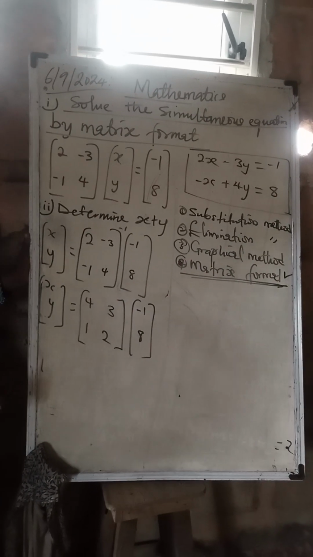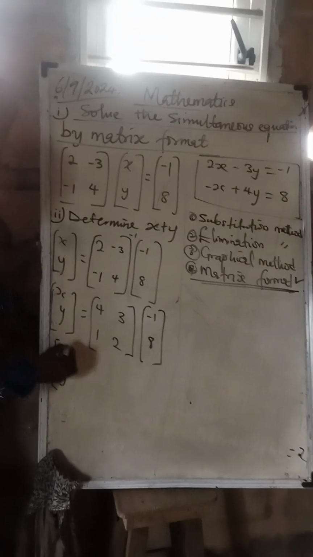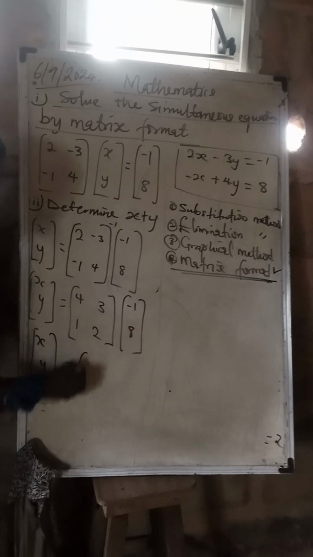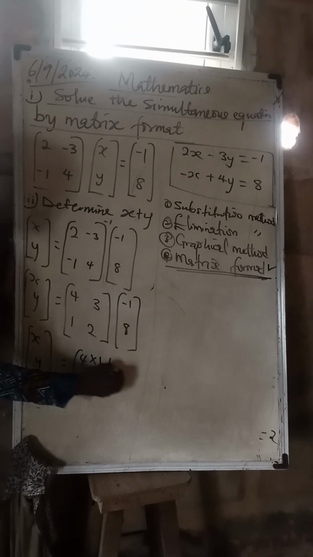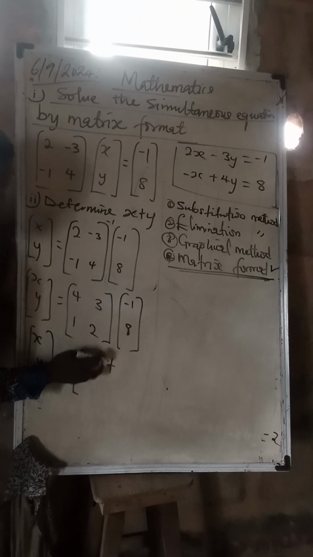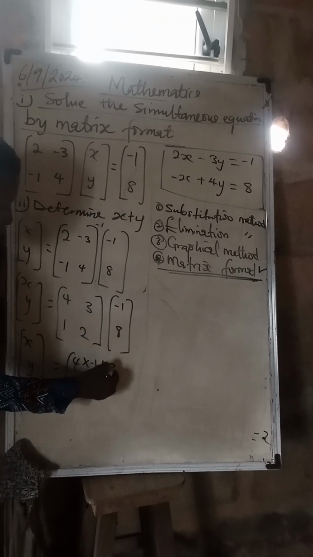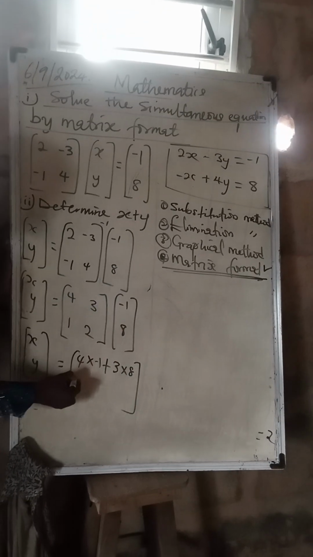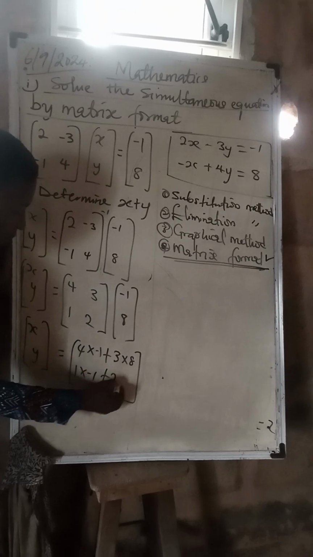Now, let's go. What do we do here? So we say that x, y is equal, by matrix multiplication, it's as simple as that. 4 times 1, we have 4 times minus 1 plus 3 times 8, then we have 1 times minus 1 plus 2 times 8.